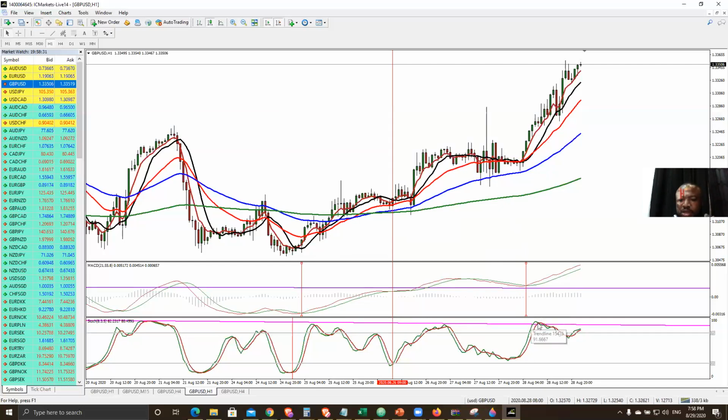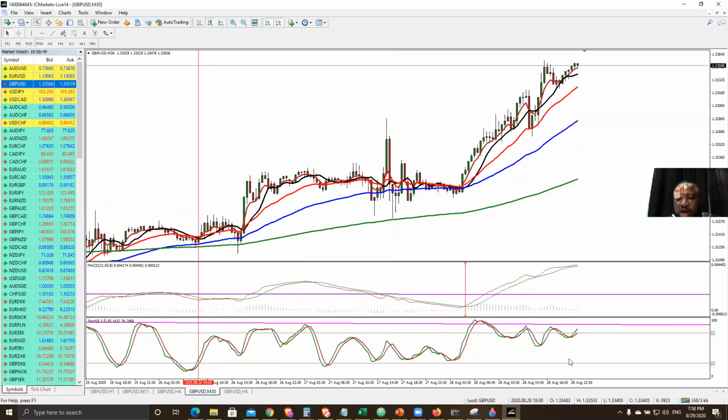So now I need to see my stochastic at least come down to the oversold area so that I know that I'm not just jumping in unnecessarily. And that hasn't really occurred. But I see the same on 30 minutes. So I'm not going to be buying, which is good. So I've seen my target is this, right?